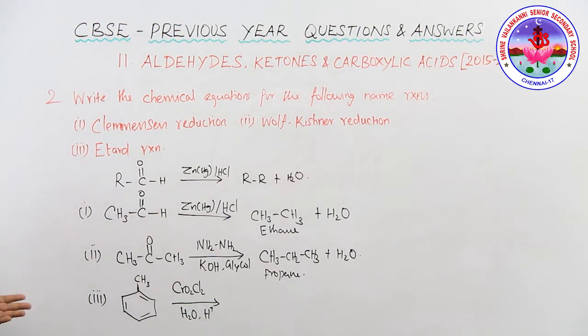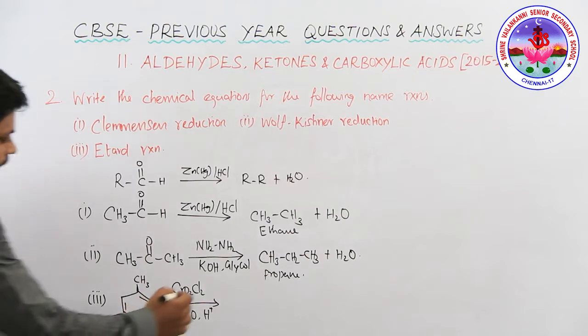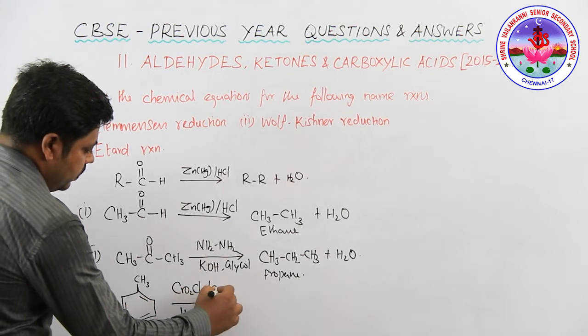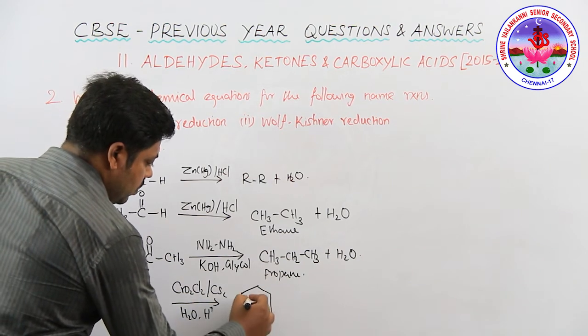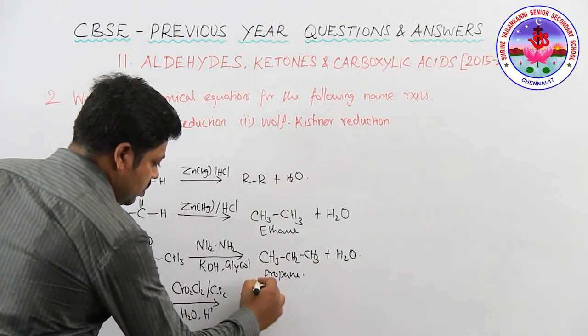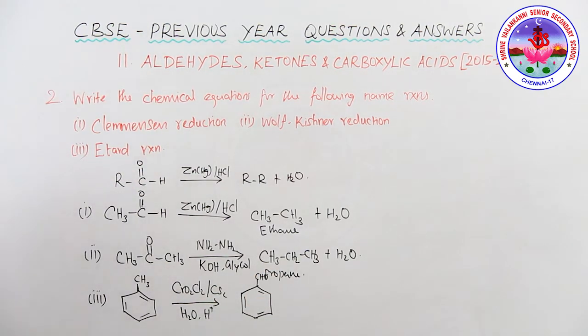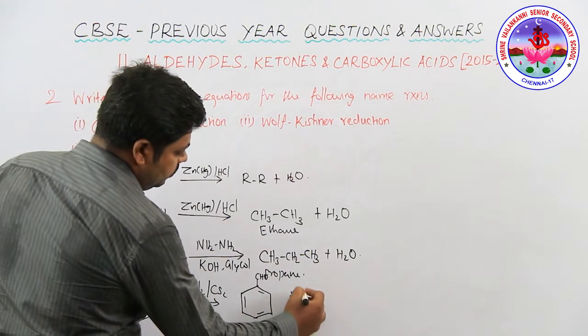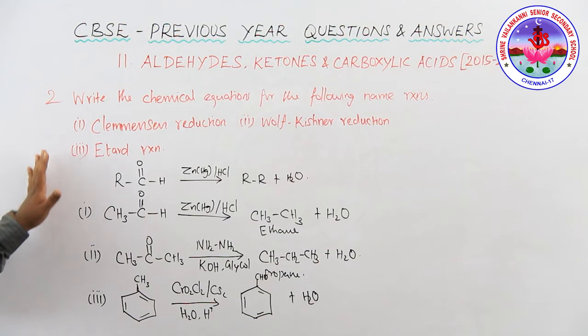Using this you will get an aldehyde, that is benzaldehyde, CHO. So this type of reaction is called the Etard reaction. Here also the water molecule is possible. So now this is the name reaction.